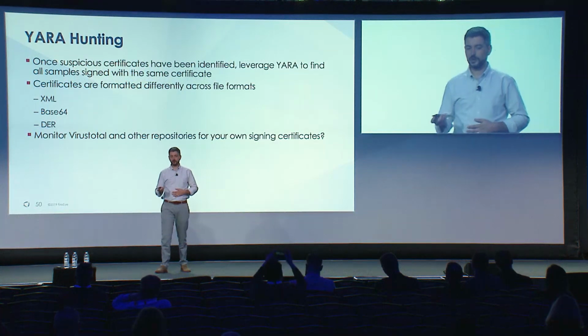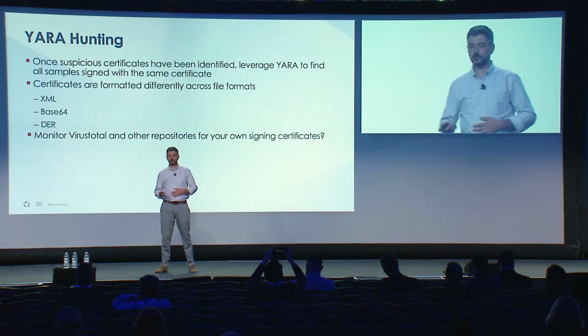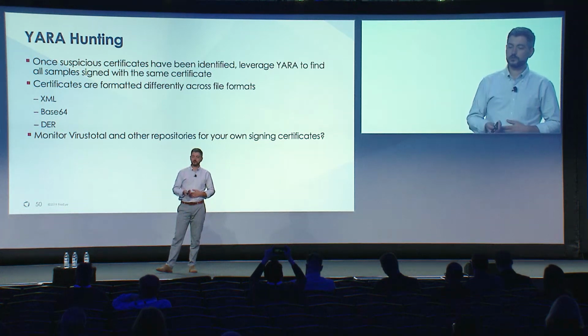So, YARA, the power of YARA, right? We all know, we all love it. We can use YARA to identify code signing certificates in a wide variety of formats. Prior to doing this research, up until about a year ago, we were really only looking for these in PEs and one-sies, two-sies, and some other formats.